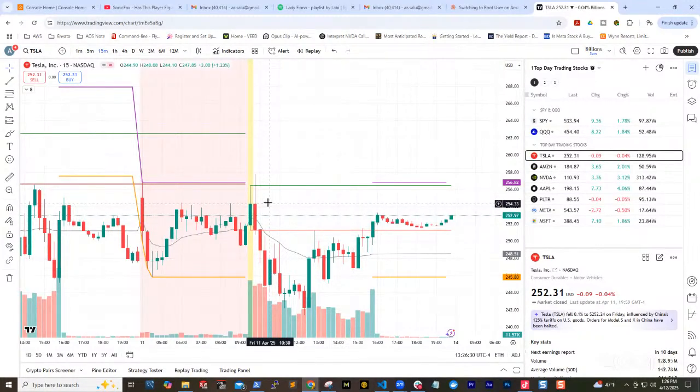Then in that 15 minutes, it dropped. At some point, it went all the way to 257. Then it dropped to 250 at some point in that 15 minutes, but ultimately it opened at 254 and it closed at around 251. So that's why the candle is red, because it lost money.